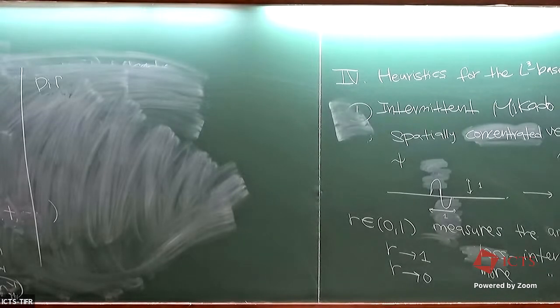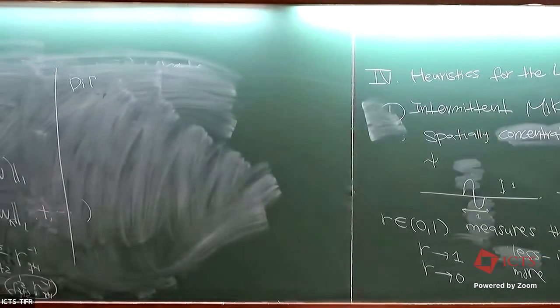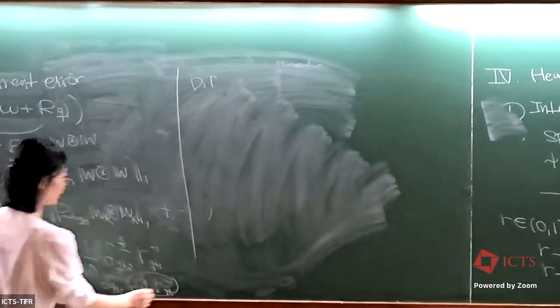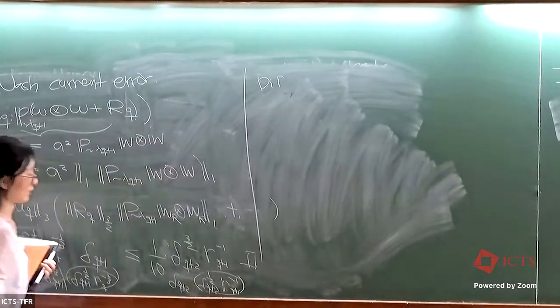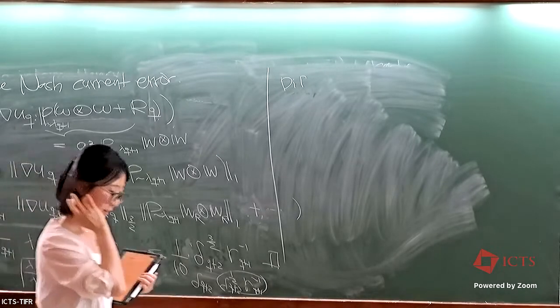Any other questions? Yeah. So of course, I didn't treat many other terms, but if you believe me, at least at the heuristic level, under this condition beta less than 1/3, you can close all the errors. And now, this is only at the heuristic level.